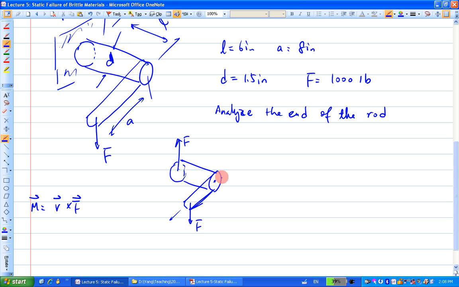Basically this F will generate a moment, and according to the right hand rule, it's going to create a moment in this way here.